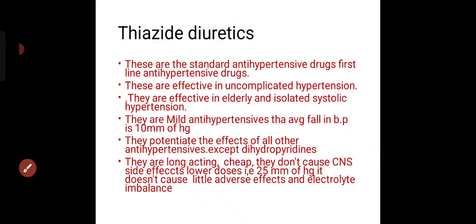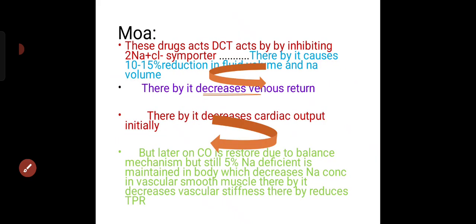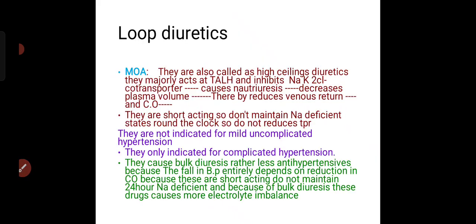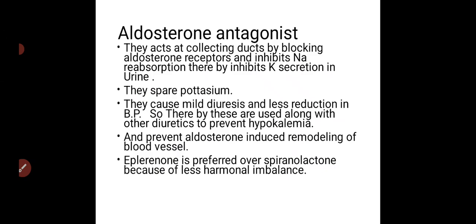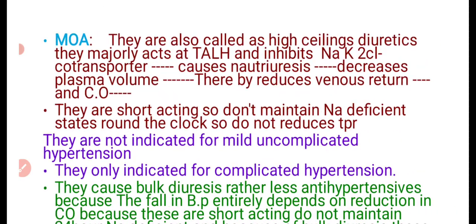But although they are high ceiling diuretics, their antihypertensive effect is not as good as thiazide diuretics. Why? Because here the fall in BP depends entirely on decreased cardiac output.